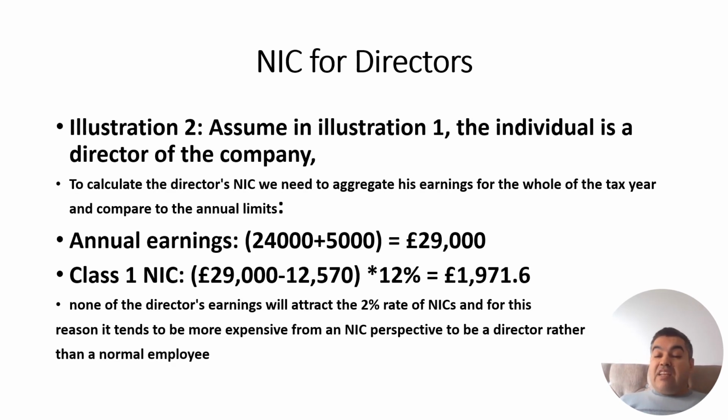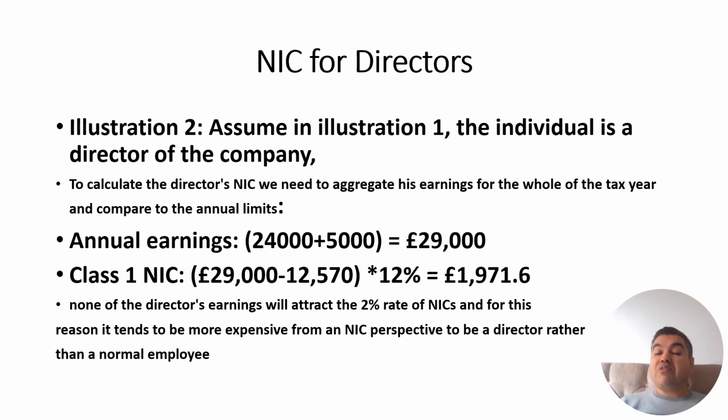The NIC for a director works differently. For a director, we need to aggregate his earnings for the whole tax year. It's very simple. Take the previous example: if that individual were a director, he has wages of £24,000 and a bonus of £5,000, so the total is £29,000.